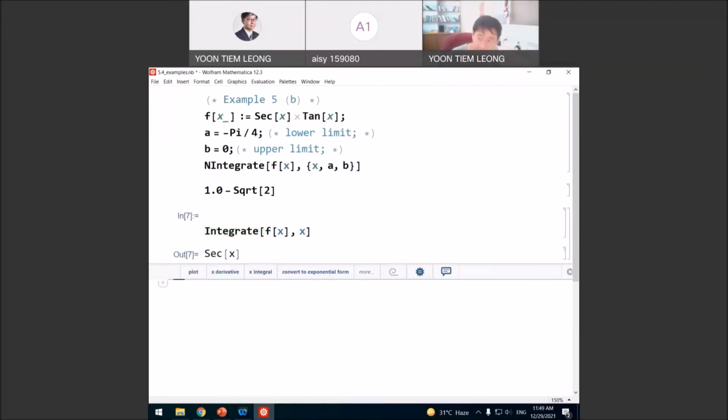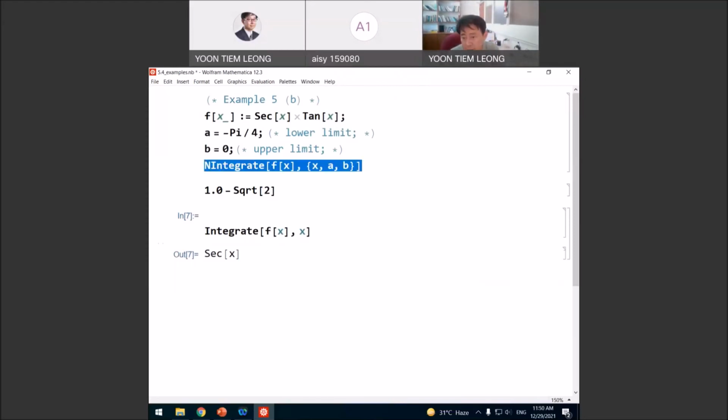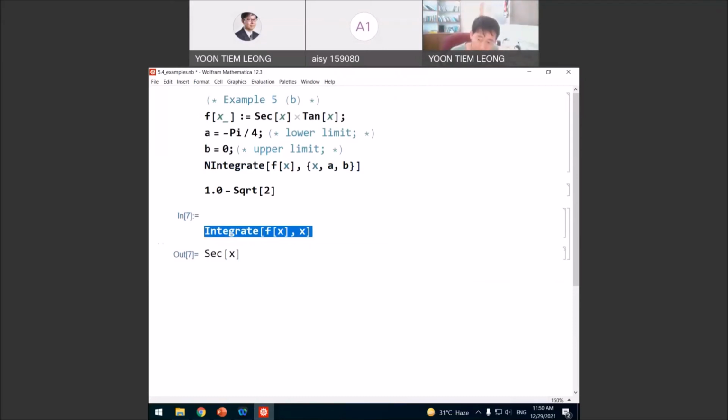The answer is secant x. So you can see the power of Mathematica. You provide the functions to it, then you can ask it to do a definite integral or to perform the indefinite integral.